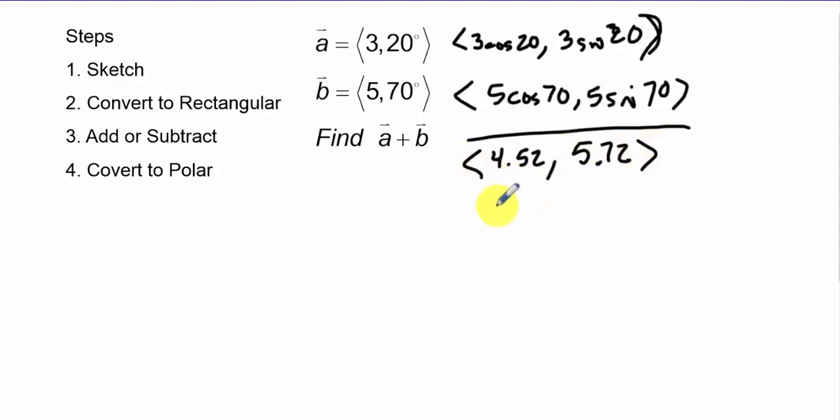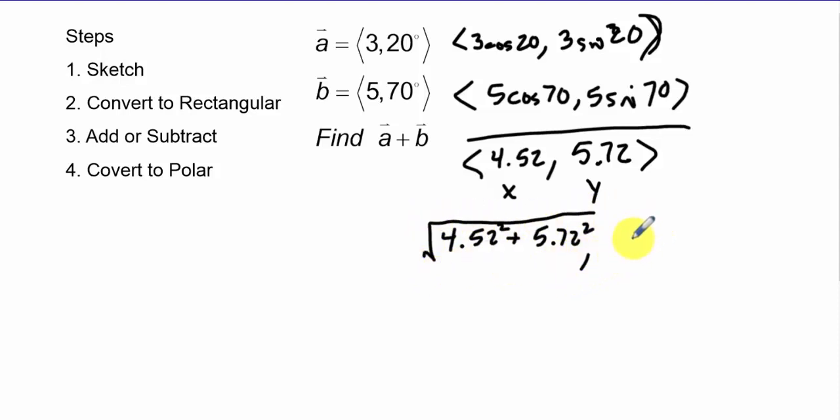Now a reminder, this is an x and a y component. I need to go back to r and theta. So going back to r and theta, I know I have x squared plus y squared is equal to r squared. So if I take the two values, square them, and square root, I'll get my r.